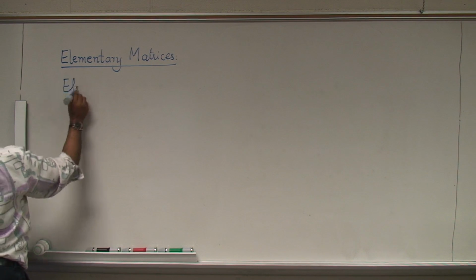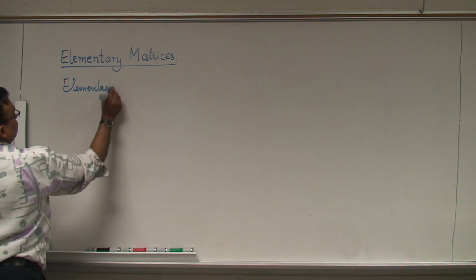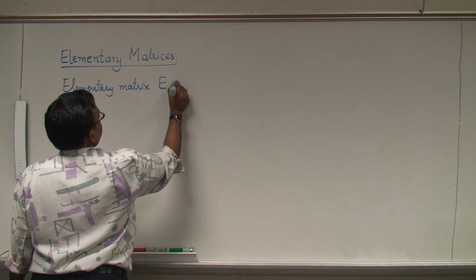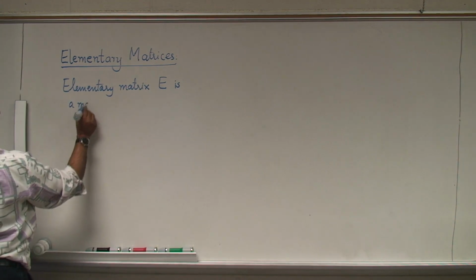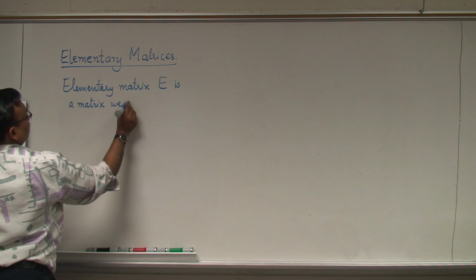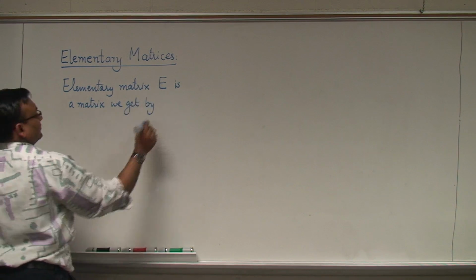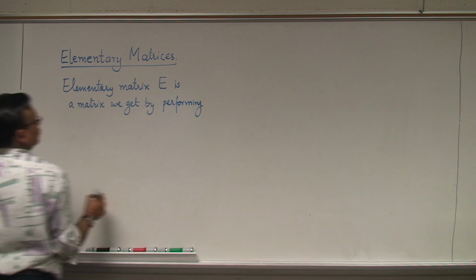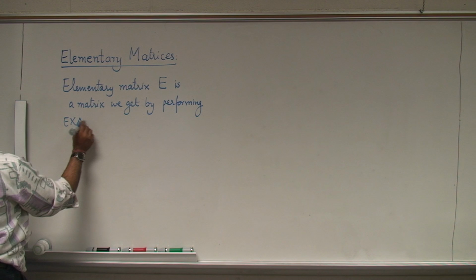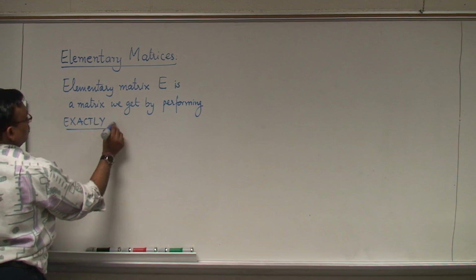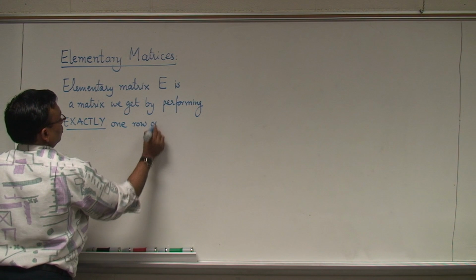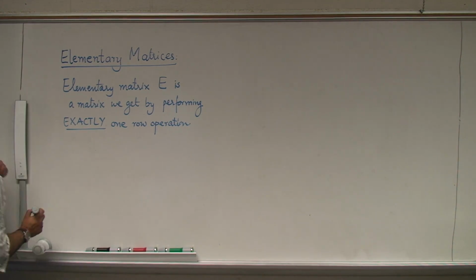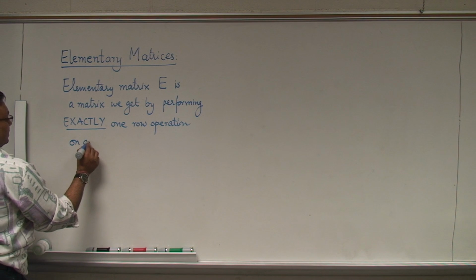An elementary matrix is a matrix that we obtain by performing one row operation on an identity matrix.